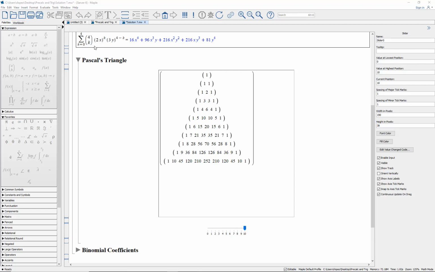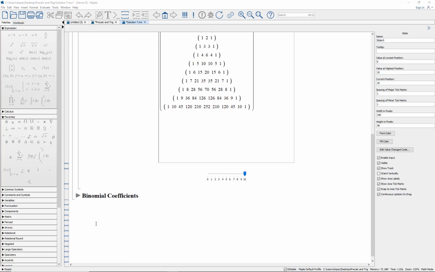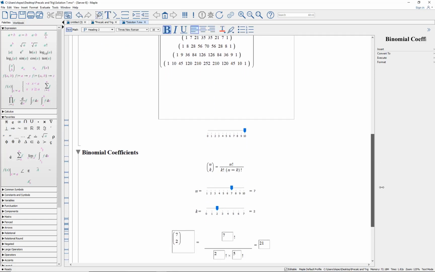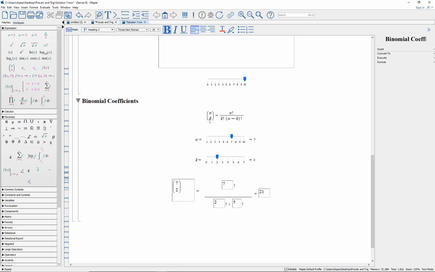And these numbers are actually from these binomial coefficient choose symbols. And there's another widget here that I put together to explore those. Okay, so n choose k is n factorial over k factorial times n minus k factorial, and here are two sliders controlling n and k.